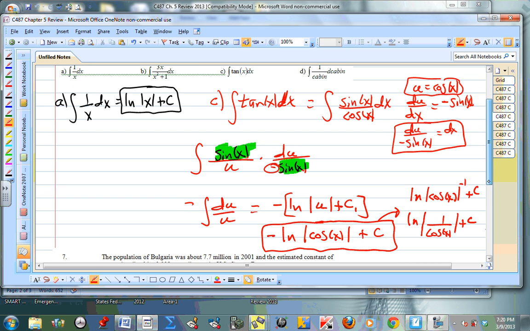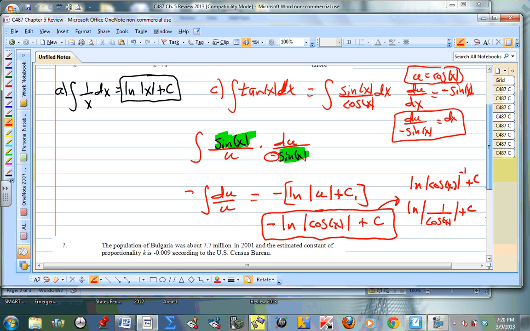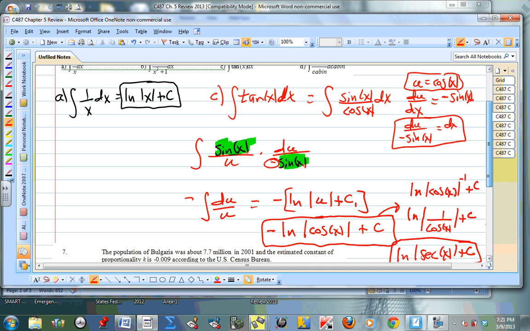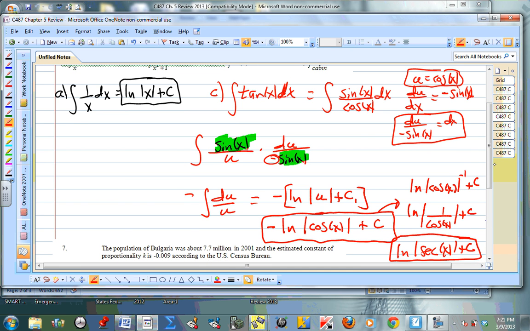And remember, 1 over cosine is just secant. You might see this on a multiple choice test. Don't be alarmed. Just use your properties, any identities, whatever you need to use to make our answer match the form listed in the multiple choice options.